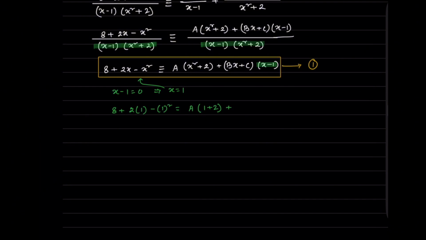So 8 plus 2, 10, minus 1 is 9, equals 2 plus 1, 3, that is 3a, so a equals 3.